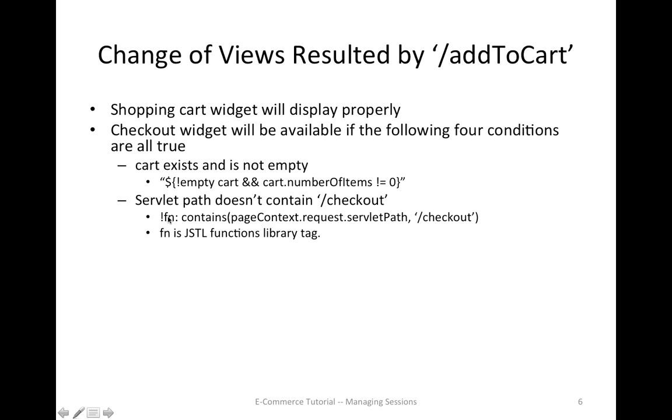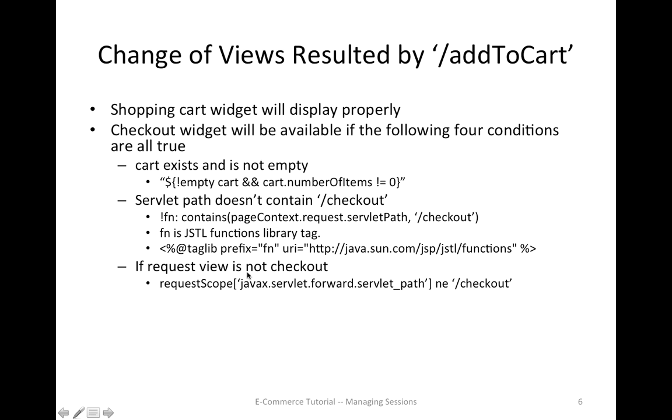Now, this fn is the JSTL functions library tag, and in order to use this tag, you include this line at the top of your page. This contains is a built-in function to check if this checkout string is inside the first argument.